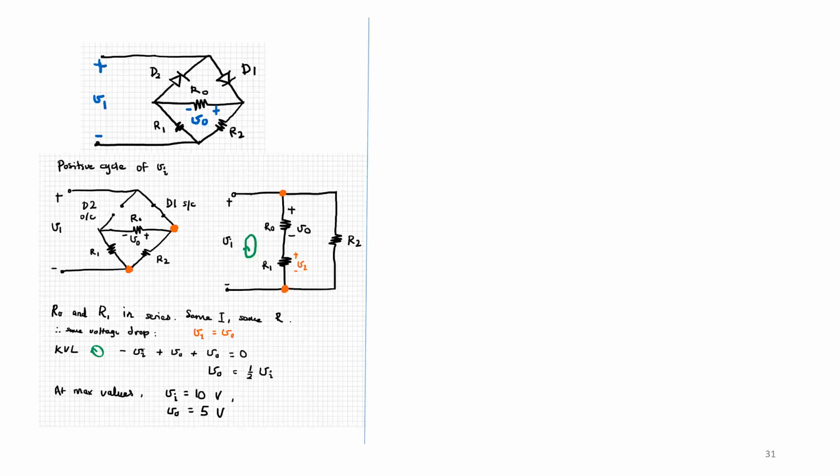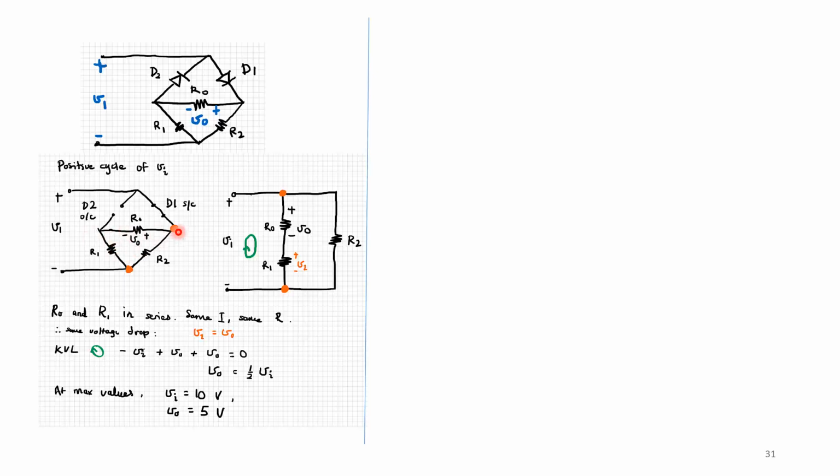So we have here D1 as a short circuit, and then we have R out and R1, which are actually in series because D2 is an open circuit. So in this connection, there's only R out and R1 because D2 is open.